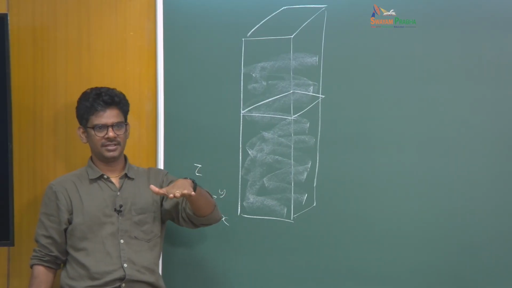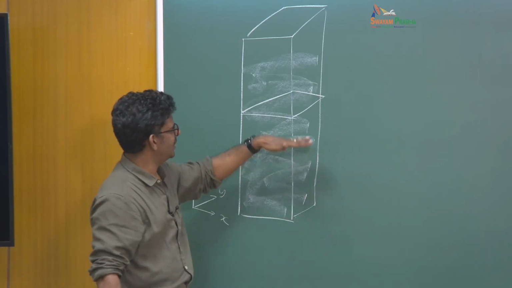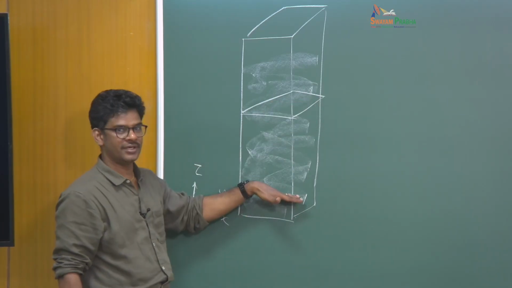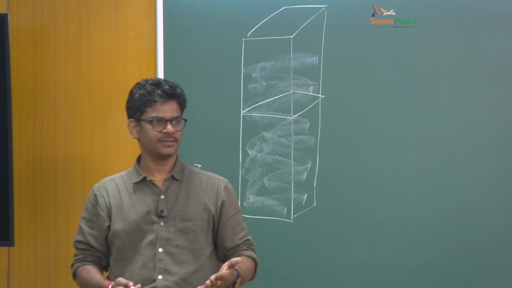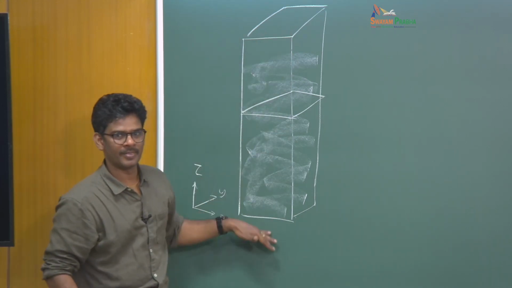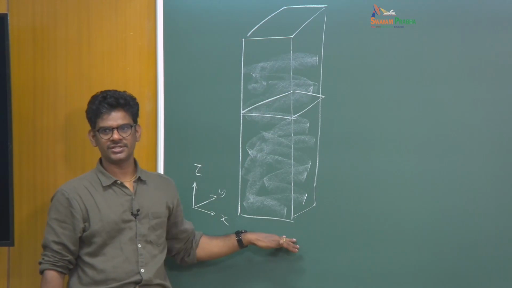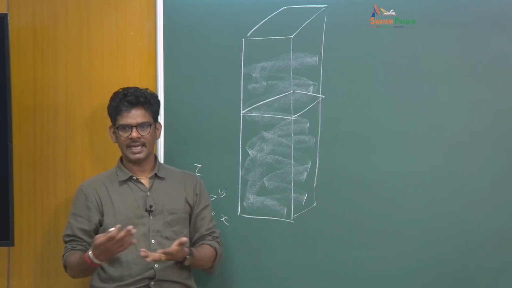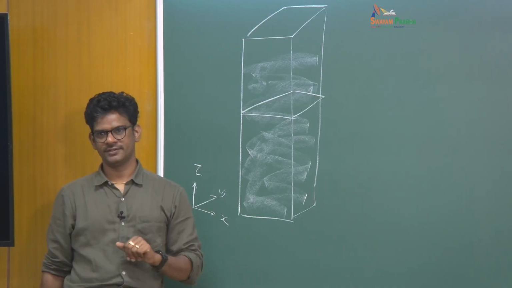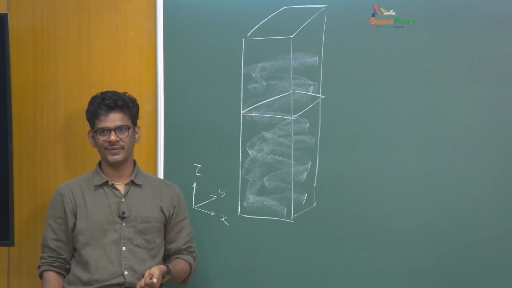So the concentration is going to be uniform whether I take the xy plane here or here or here. In that plane the concentration is going to be uniform. So there is no need to solve the problem in the xy plane, but across z you will see the concentration being affected because of the competing effects of the diffusion and the gravitational force. That's what we wanted to investigate.